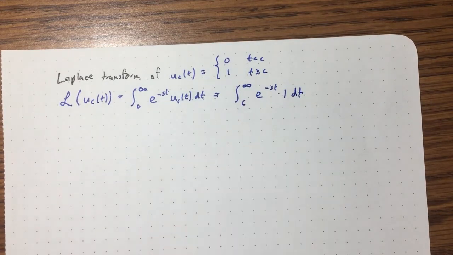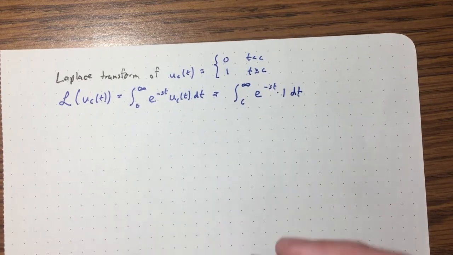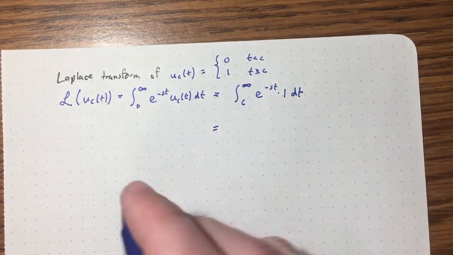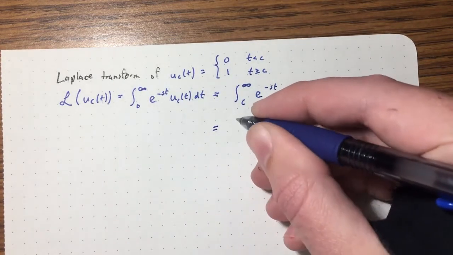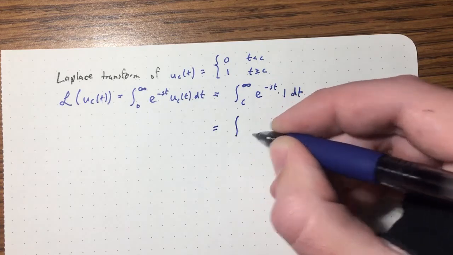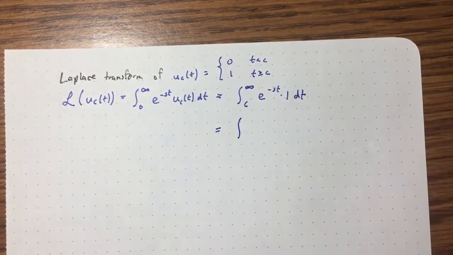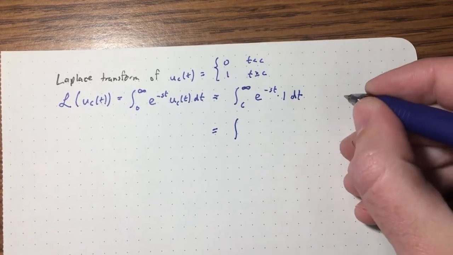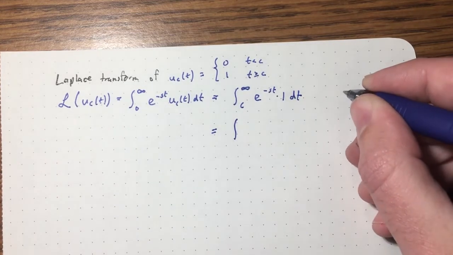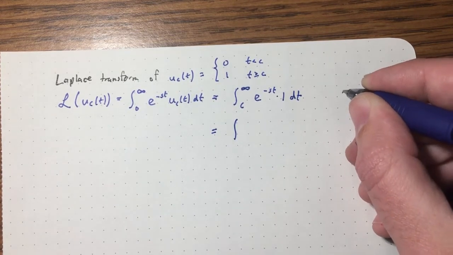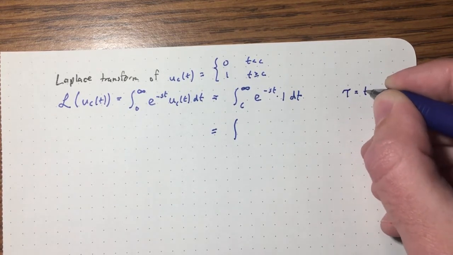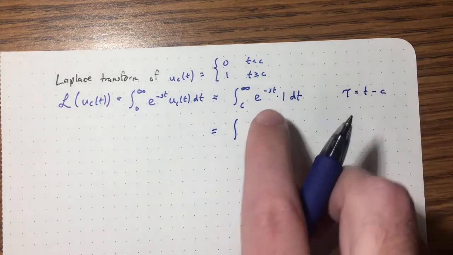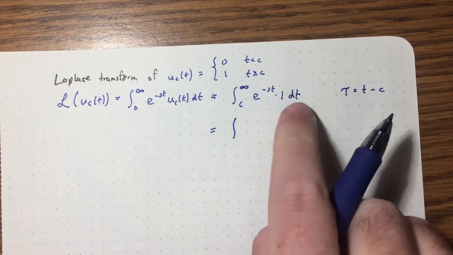And you could do this integral directly, but I'm going to actually do something that I think I can generalize a bit in the next example. So I'm going to try to switch variables so this integral starts at 0 instead of c. So how do I do that? Well, I'll subtract c off of my old variable.